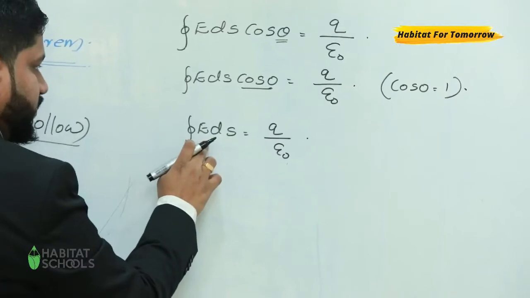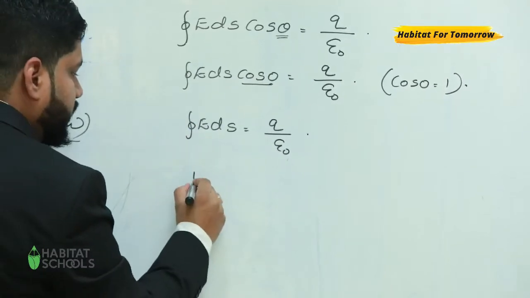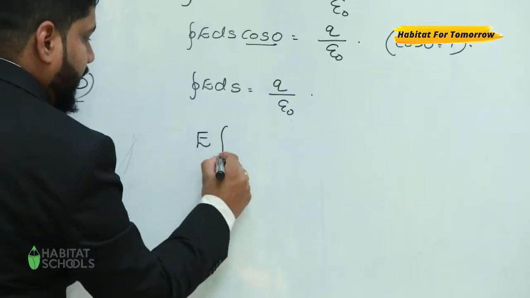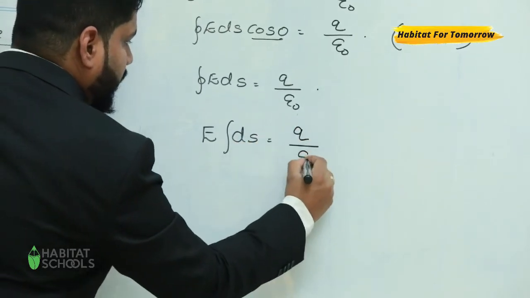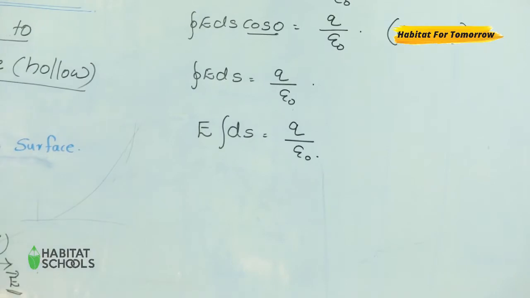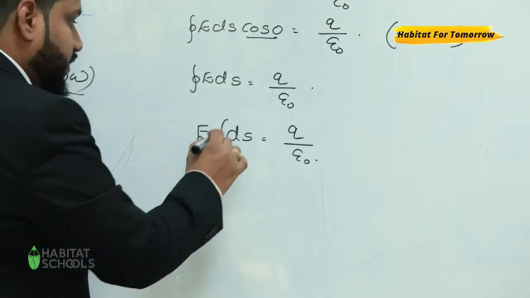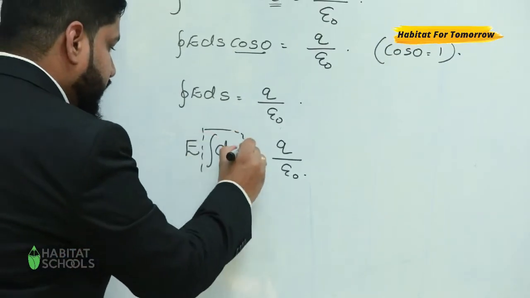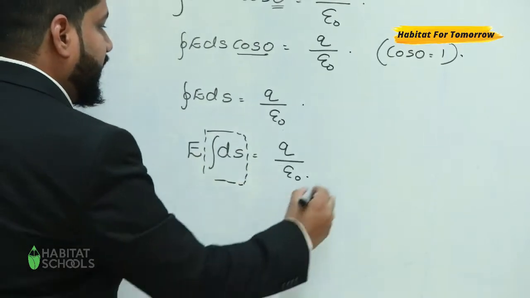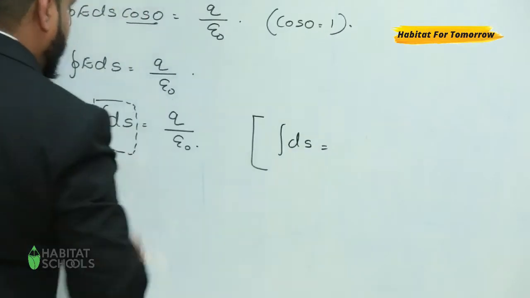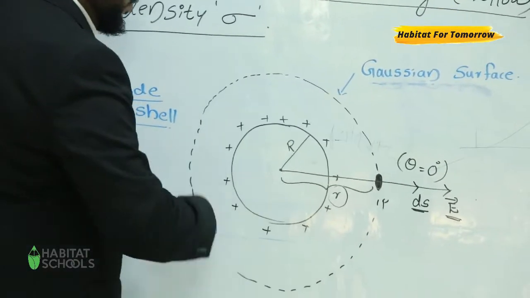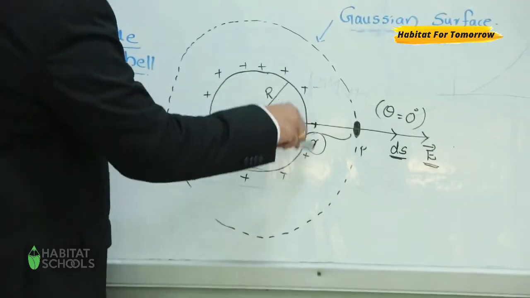So E is constant, so we can take it outside. Then E integral ds is equal to q by epsilon 0. After that, very important, integral ds is equal to, see here, this is outside the sphere, this is on the surface.